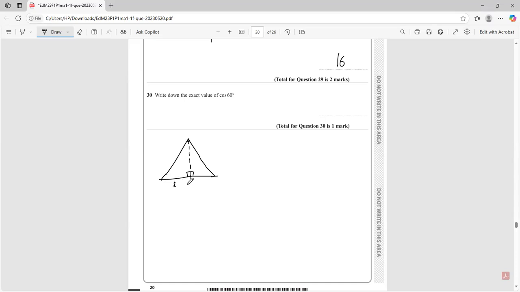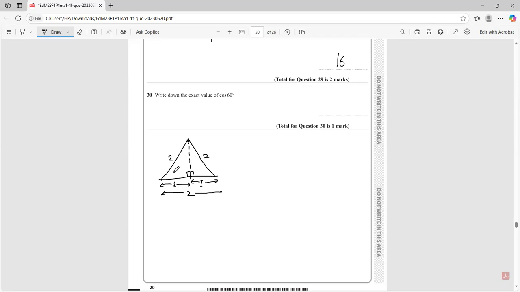Therefore, if it's equal, then from here to here will also be 1. And since it's an equilateral triangle, the total side will be 2. Do you agree with me? Yes. And that means that this side will also be 2, and this side will also be 2.